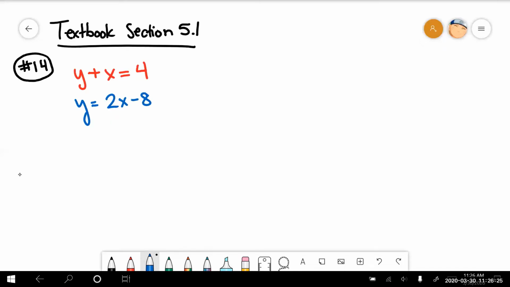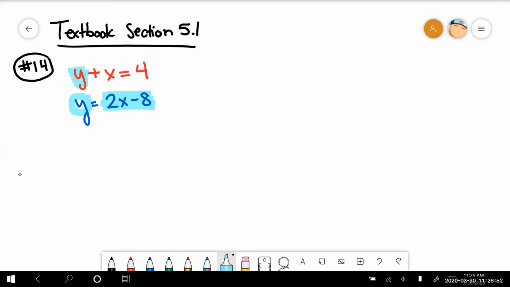So again, I'm going to start by substituting one equation into the other. Okay, and so in order to do that, I'm going to go ahead and take this function, 2x minus 8, and I'm going to substitute that in for y, and the other function, that y is here. Okay, now notice it's not on the other side of the equal sign right now in that red function, and that's okay.